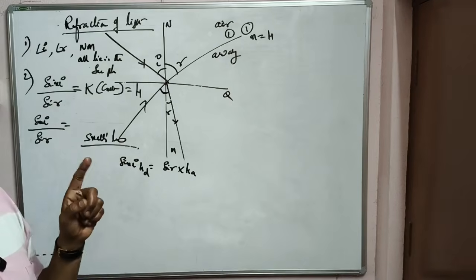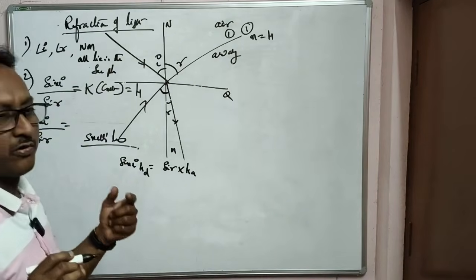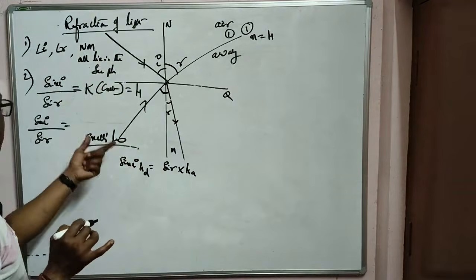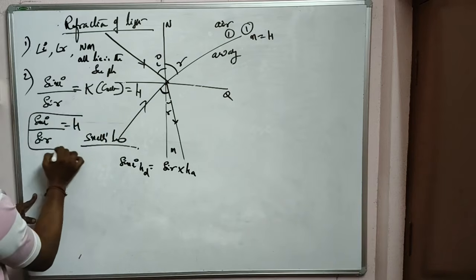So this is Snell's law. So what it says is sin I by sin R is equal to a constant, which is equal to mu, and that is Snell's law.